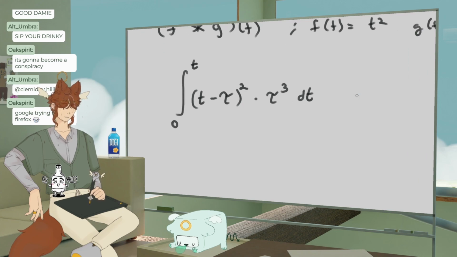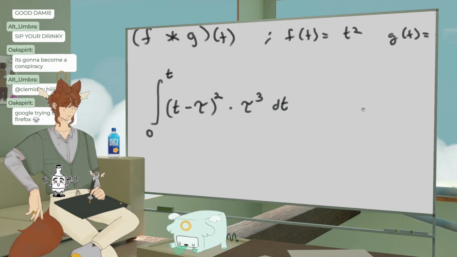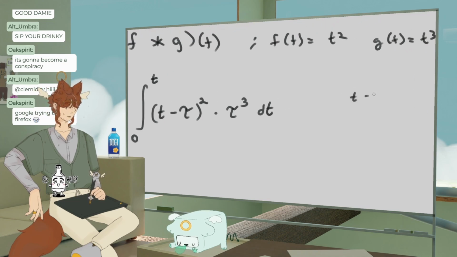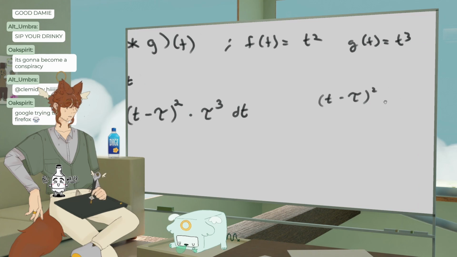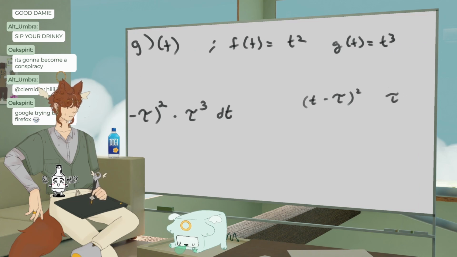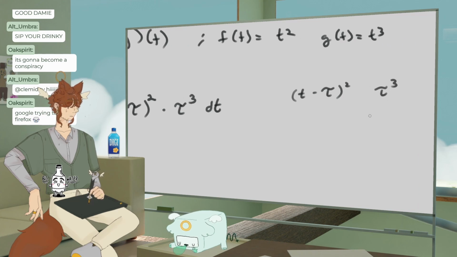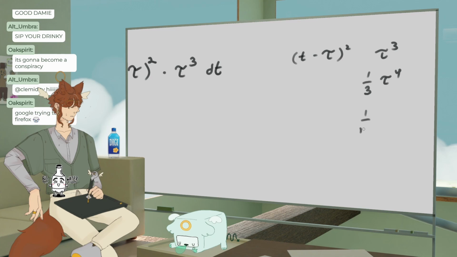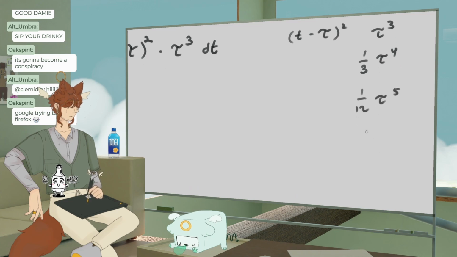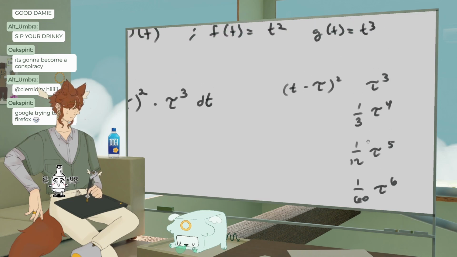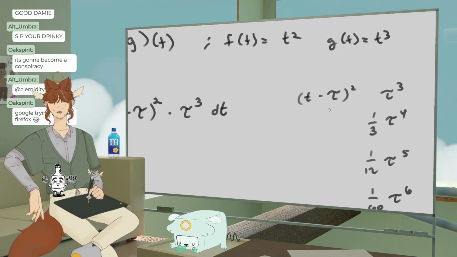Okay, now how do we integrate this? Integration by parts. Okay, we're fine. So t minus tau squared, tau cubed. Ooh, here we go. So 1/3 tau to the 4th, 1/12 tau to the 5th, 1/60th tau to the 6th. Yeah, and then that's probably enough.